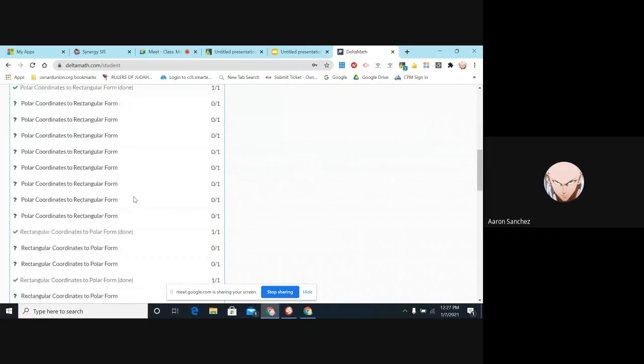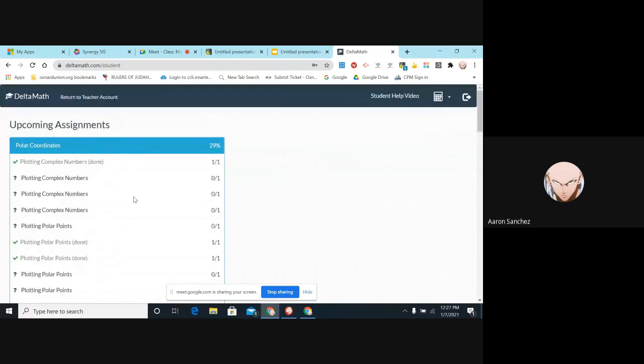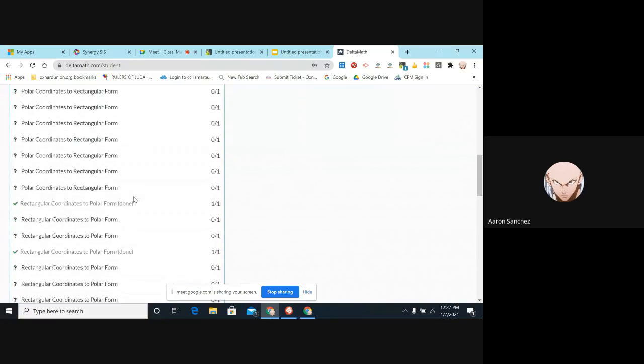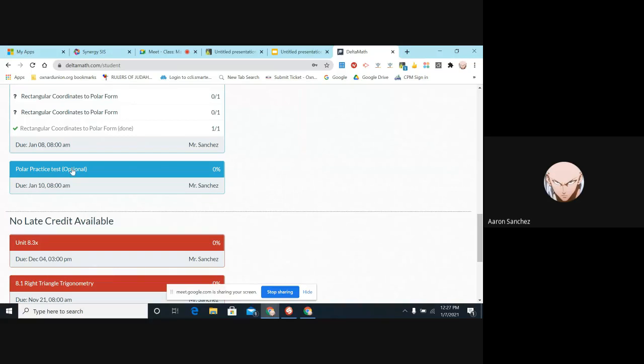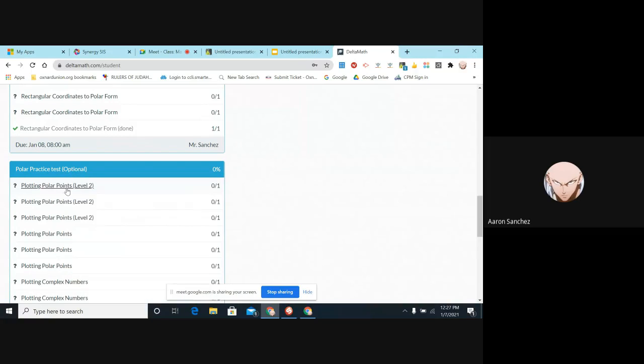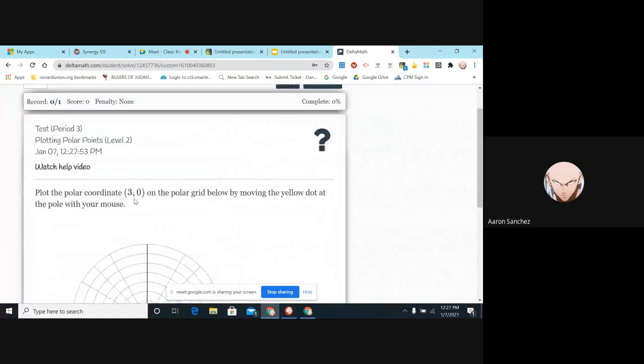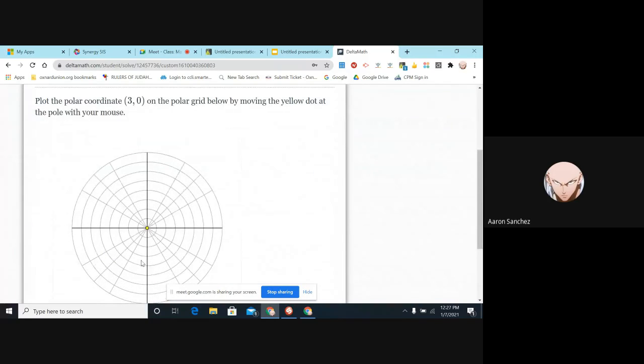Is it on the bottom? Wait a minute. Oh, polar coordinates. Oh, this one right here. The practice test. This is optional. This is just graphing. I figured this is better for you to review just by doing it in class.